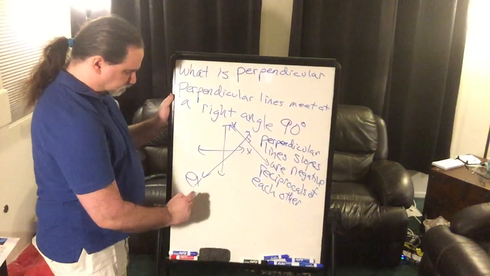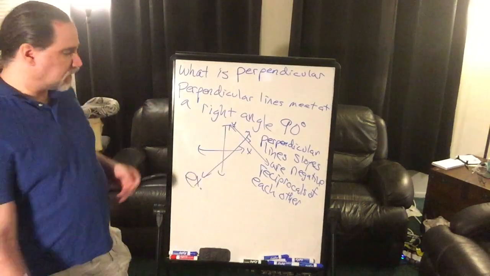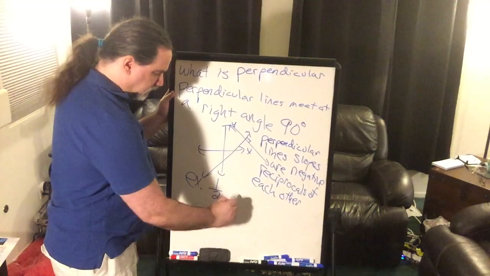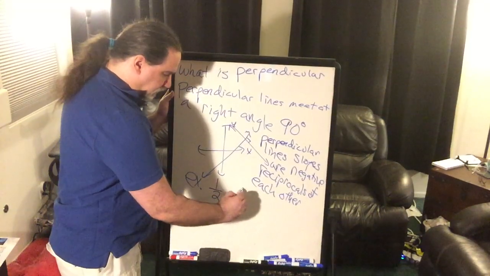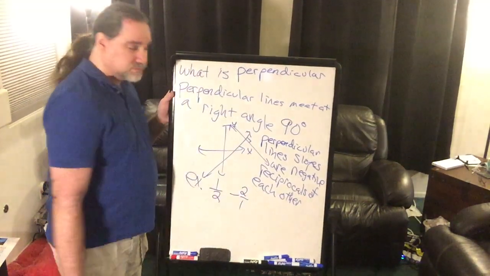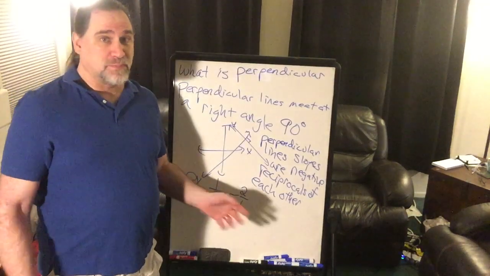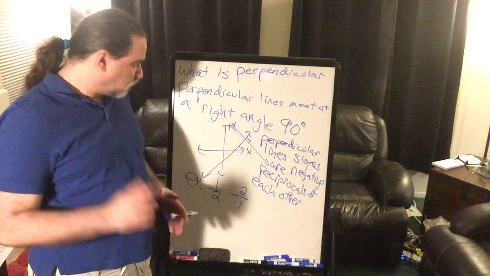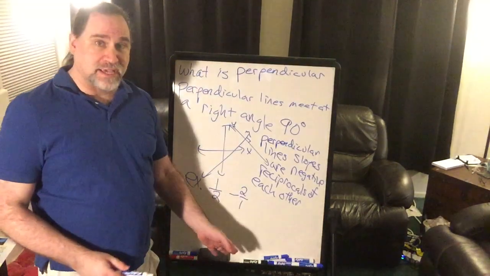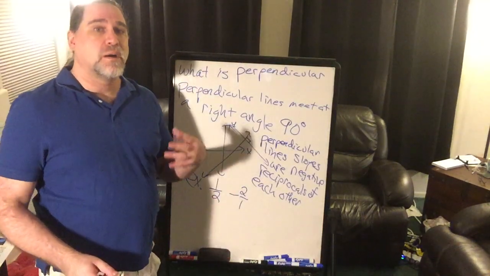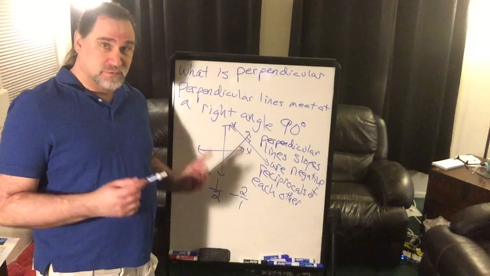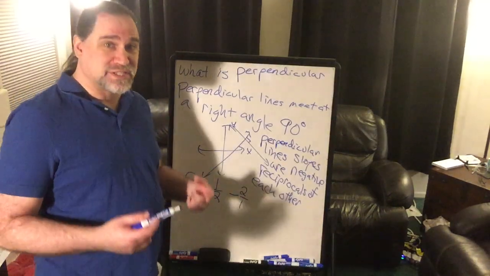For example, 1/2 and negative 2/1. Now you might not see the over 1 part because they might not write it, so they might just say negative 2. So 1/2 and negative 2 are perpendicular slopes because they are negative reciprocals of one another: one's positive, one's negative.